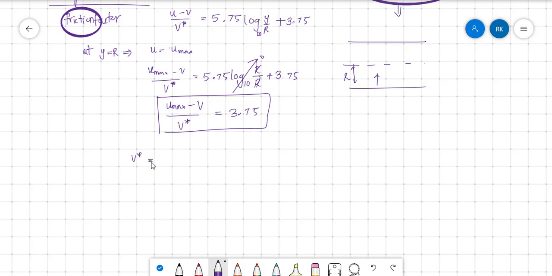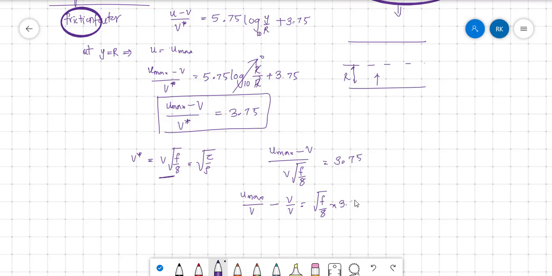But we can write V star in terms of f, or we can write it as root of tau by rho also. So I am writing this in terms of f: (Umax minus V) by V into under root f by 8 is equal to 3.75, and so Umax by V minus V by V is equal to root f by 8 into 3.75.